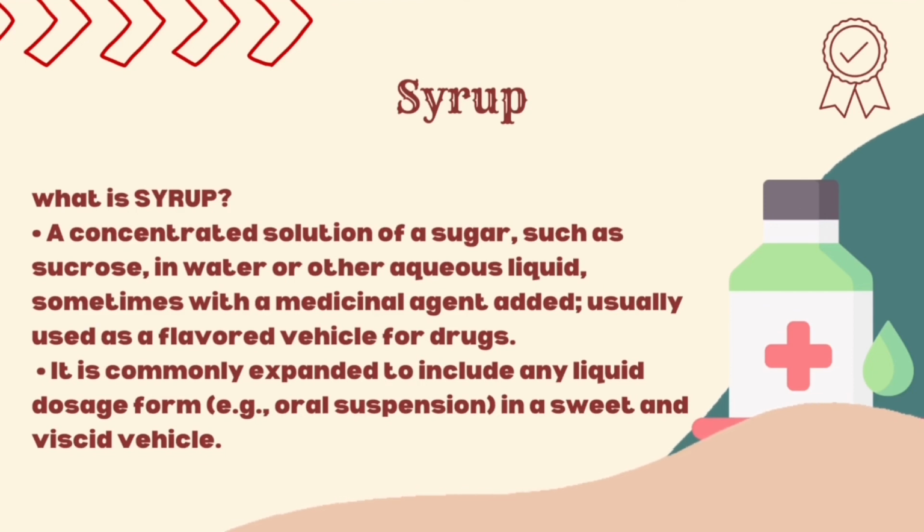Syrup is a concentrated solution of sugar, such as sucrose, in water or other aqueous liquid, sometimes with a medicinal agent added, usually used as a flavored vehicle for drink. It is commonly expanded to include any dosage form, such as an oral suspension, in a sweet and viscous vehicle.